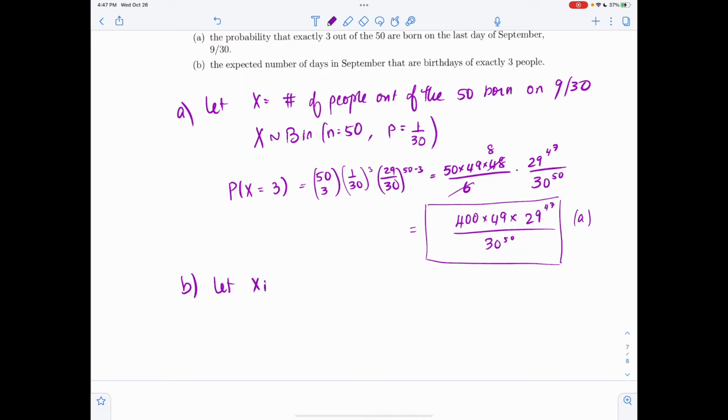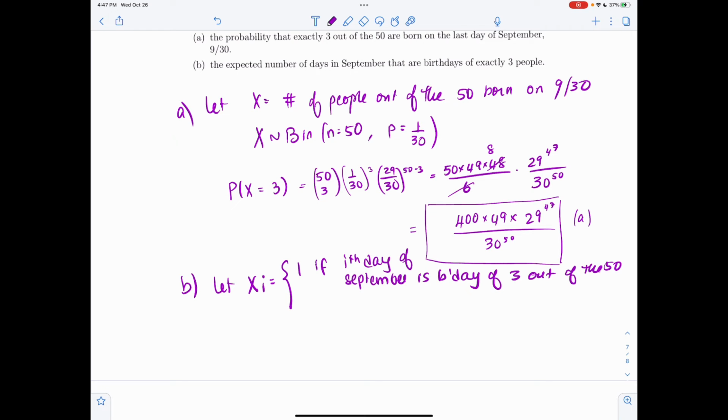So let xi be 1 if the ith day of September is the birthday of 3 out of the 50.